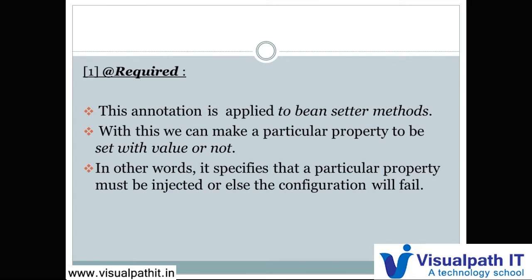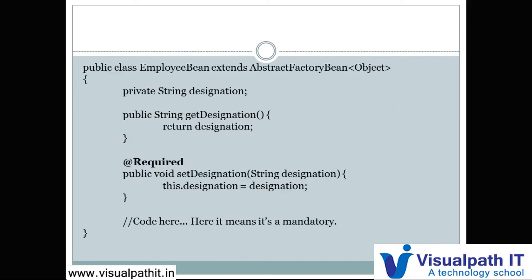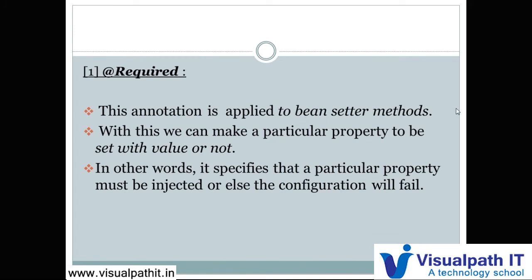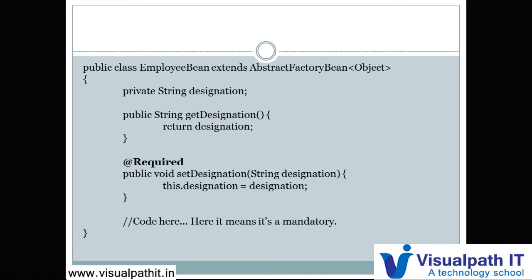This @Required annotation is basically applied to the bean setter methods to know whether the particular property is set with a value or not. In other words, it specifies that a particular property must be injected or else the configuration will fail.